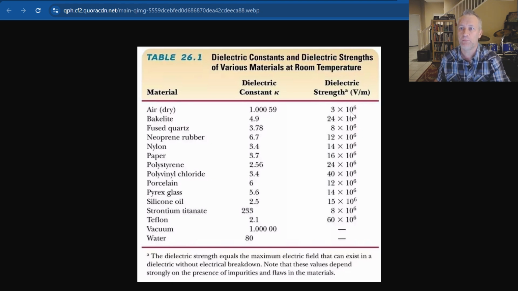So when you're designing a capacitor, you want to be aware of both the dielectric constant and the breakdown voltage, because if you put too much voltage on it, you could actually cause breakdown between the plates.